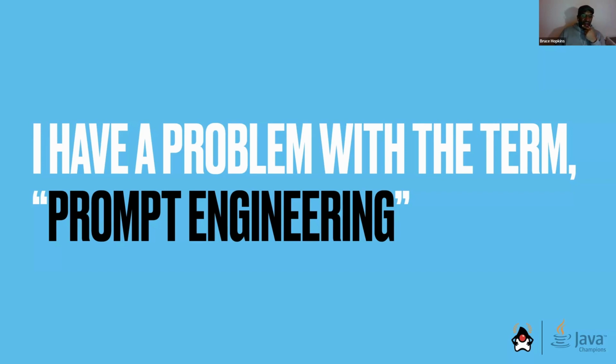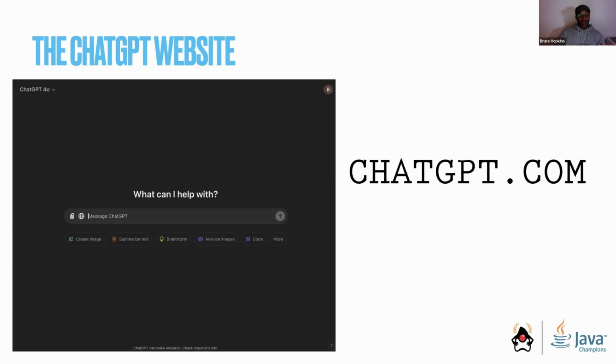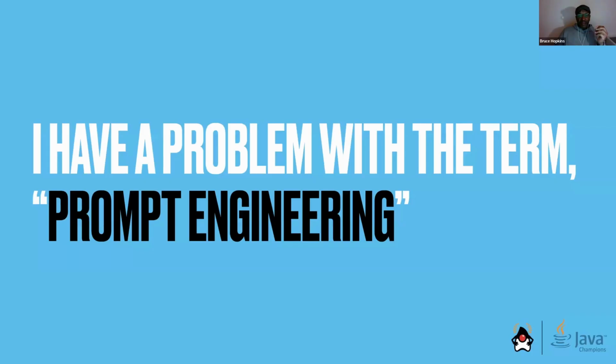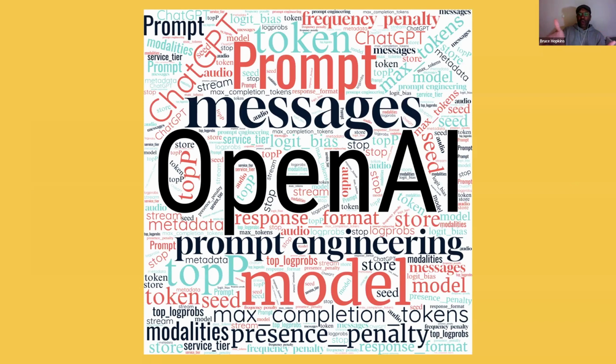I'm pretty sure that there are YouTube videos that all talk about prompt engineering, and they're going to convince you that you can do proper prompt engineering just by simply typing in a very creative message to ChatGPT. And my problem is, but what about all of these parameters that I told you?